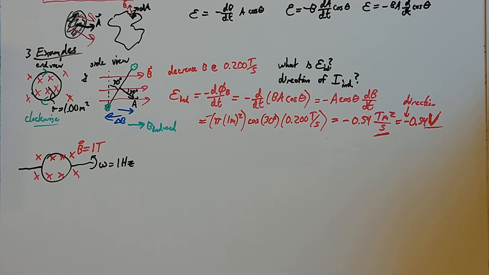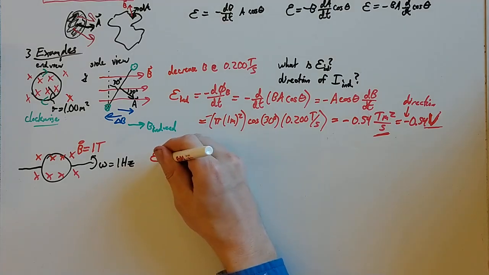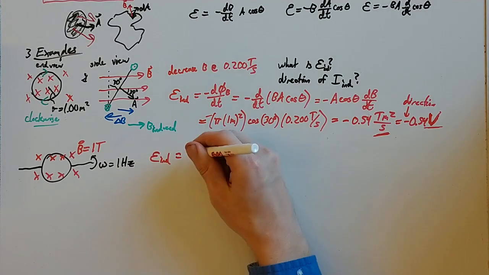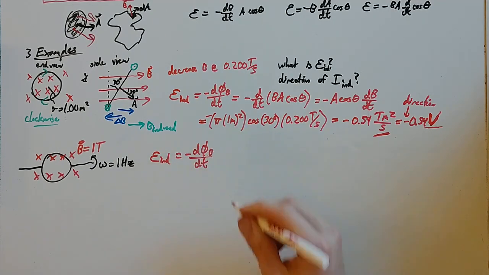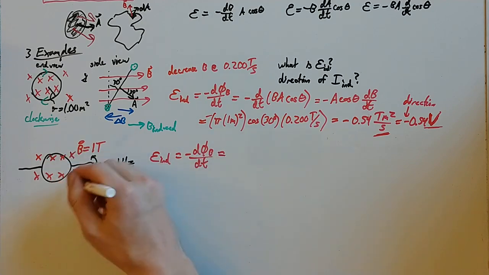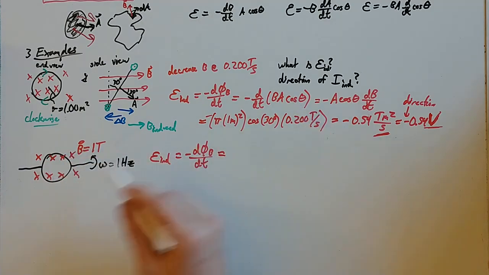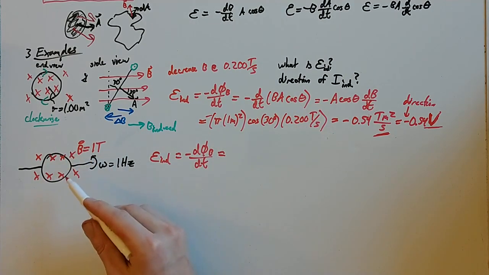Again, we write down that the induced EMF is minus dΦ/dt. We have a nice uniform area where the magnetic field is uniform all over.